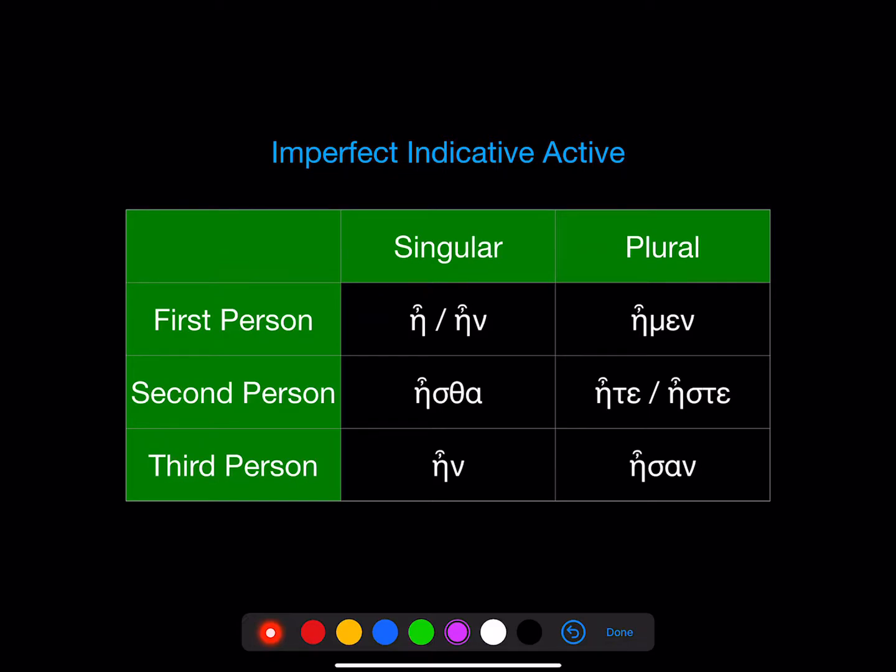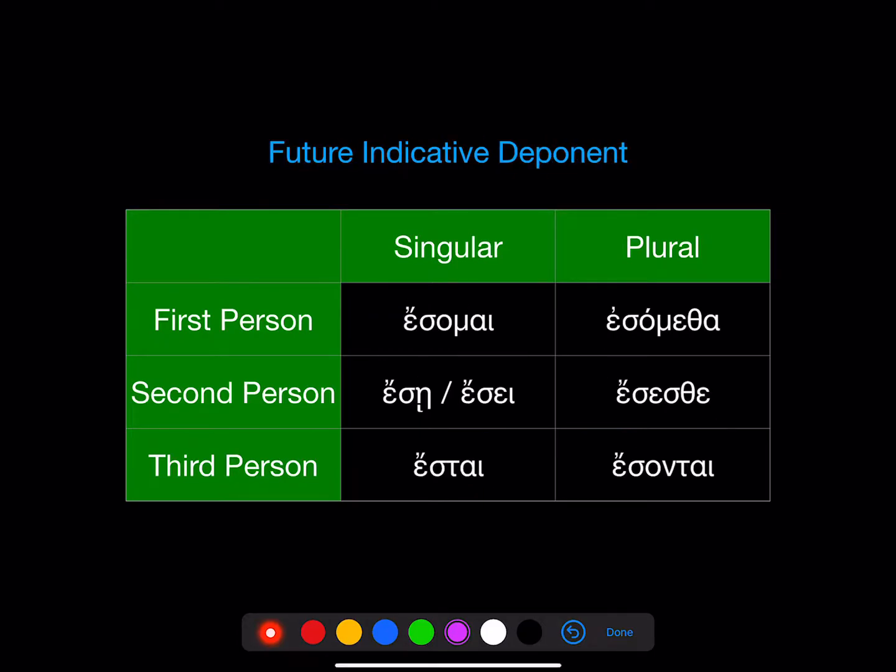Now here's the imperfect indicative active. So first person singular, ē or ēn, I was being; ēstha, ēn, ēmen, ēte or ēste, ēsan. Now the future indicative is deponent. It has middle forms, but they have active meanings.